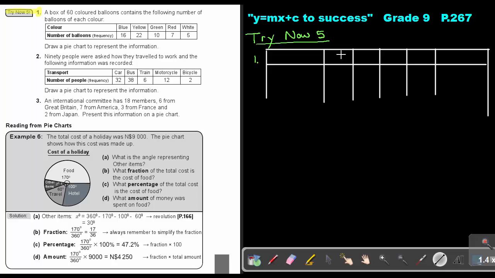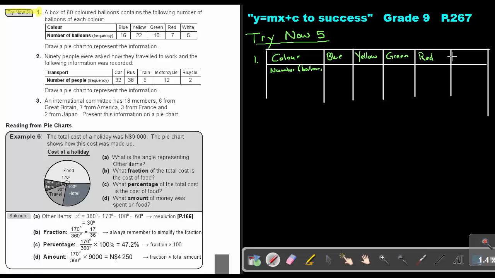Let me move these lines just to make the first column a little bit bigger. So this is the color, this is the number of balloons. The colors were blue, yellow, green, red, and white.